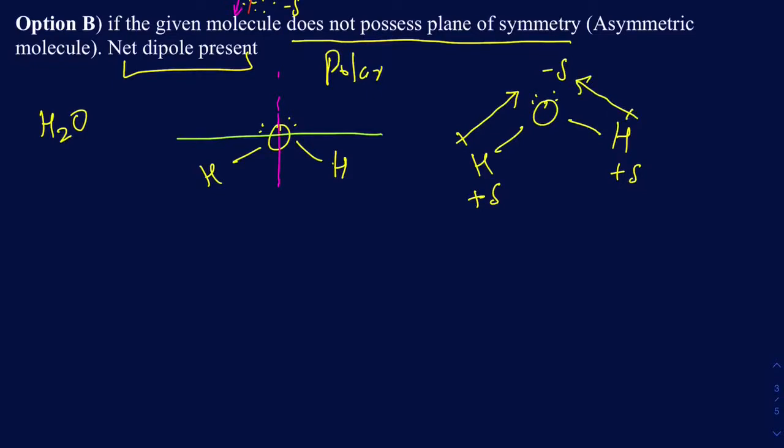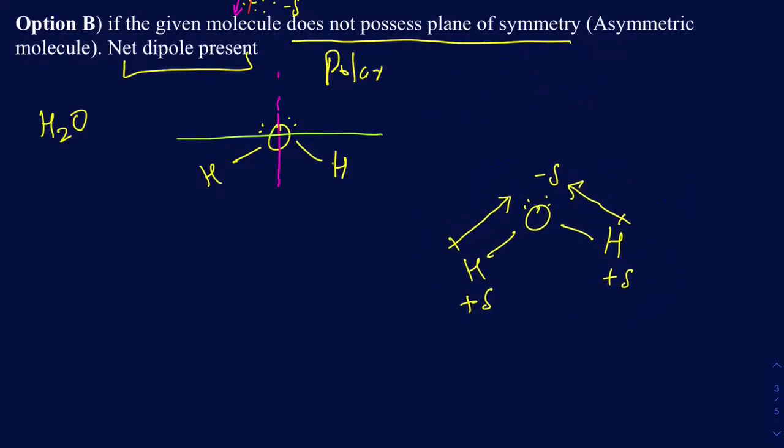They're not really canceling one another out, so you will still have a net dipole going up there. That's going to be the direction of your net dipole in the molecule. Since you have a net dipole, it's going to be overall polar.